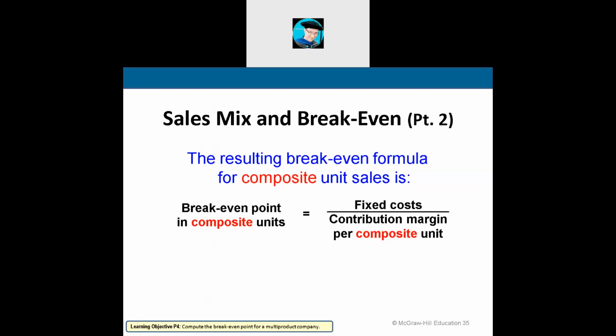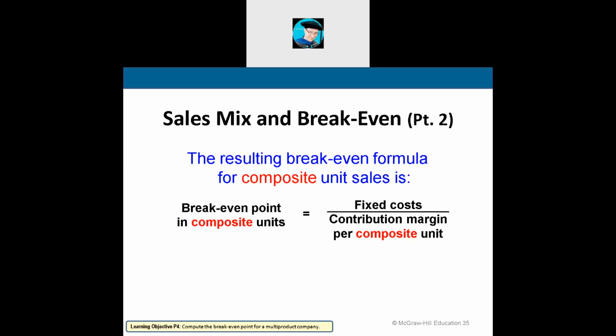A composite unit represents all of the different products that the company sells. So I can find my break even in terms of number of units across multiple products. Okay, so if I sell multiple products, this tells me how many total number of products I need to sell to break even for the company.